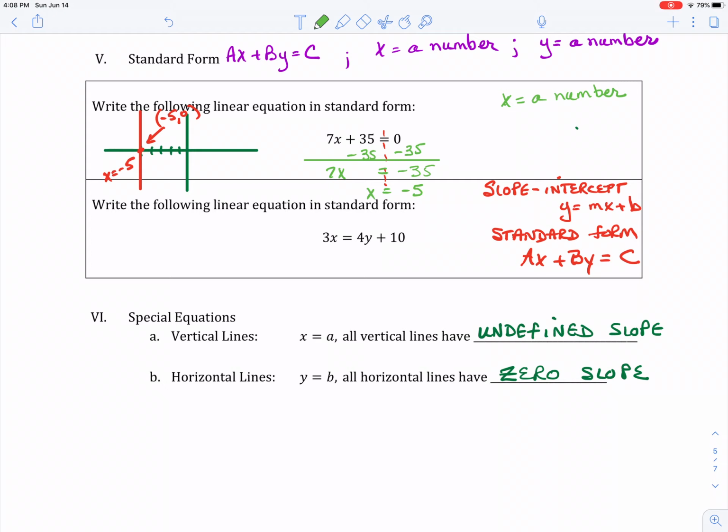All right, this next one asks me to write the linear equation in standard form. So remember what standard form looks like. That puts the x term first, the y term in the middle, and the constant over on the right. So I see only one term that appears to be out of place. That 4y needs to move.